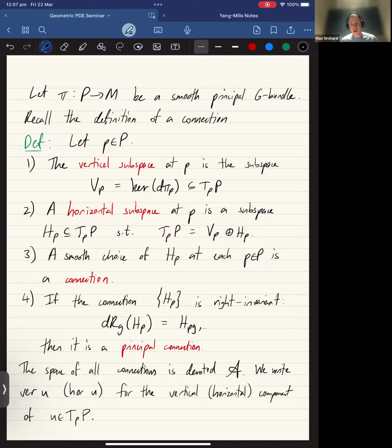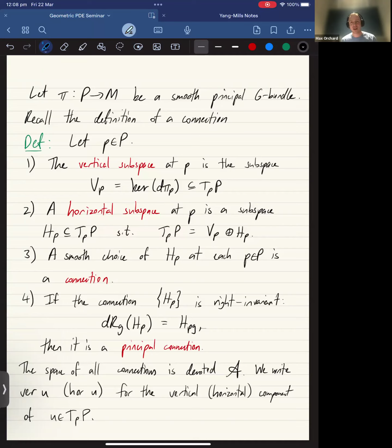Okay, so this is a nice geometric way of looking at connections. You pick a subspace of your tangent space at each point, and there's some sort of smooth choice of this. The problem is that this can be a bit unwieldy to work with practically.